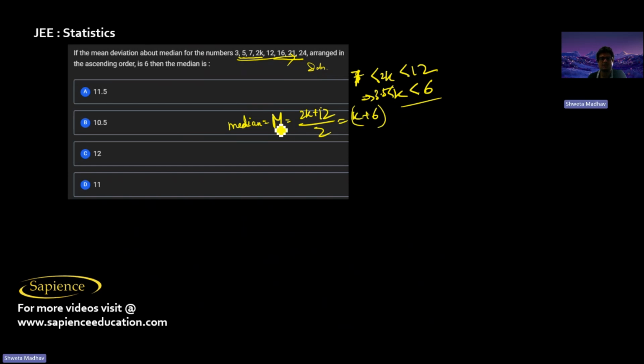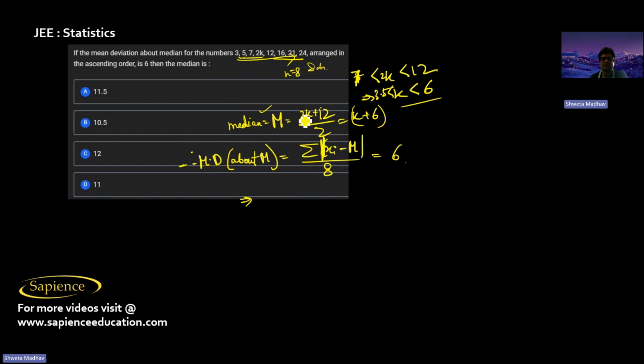So k plus 6 is the median in this case. Now the mean deviation about the median will be equal to summation of mod of xi minus M, divided by 8, since n is 8, and that is given as 6.